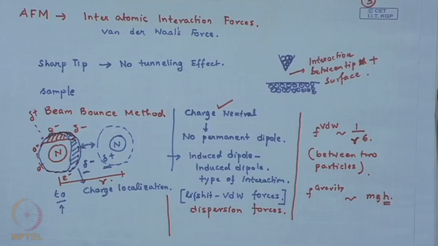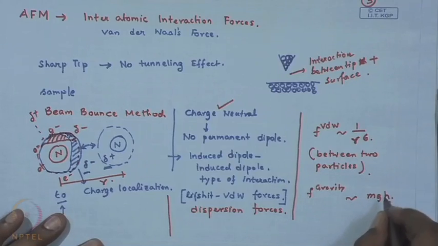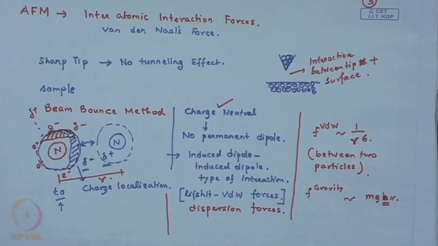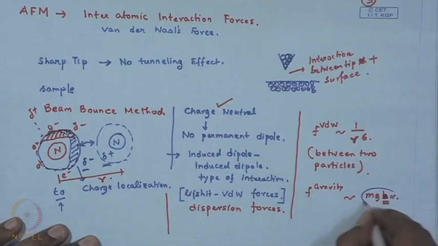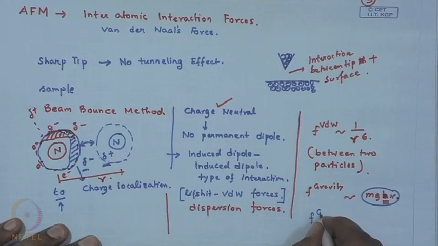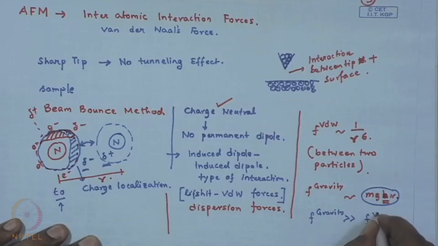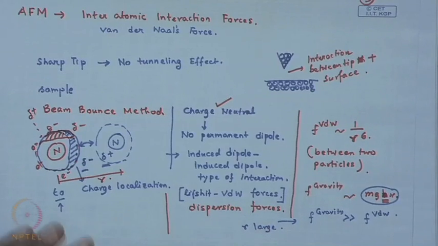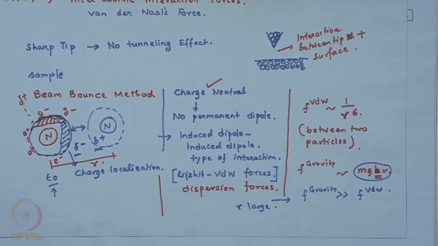So, you can understand immediately that in the macroscopic world, where h or r, they are equivalent here, if r is large, this term will be much larger than van der Waals force, and therefore, in our macroscopic world, we do not see any signature of van der Waals interaction.